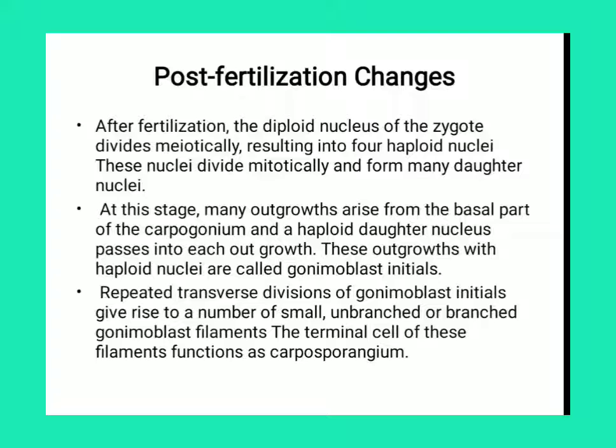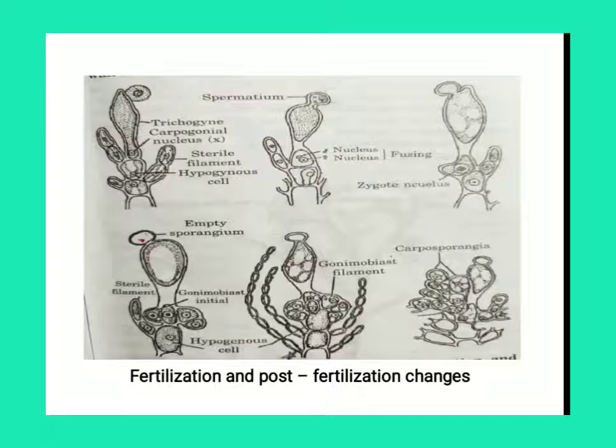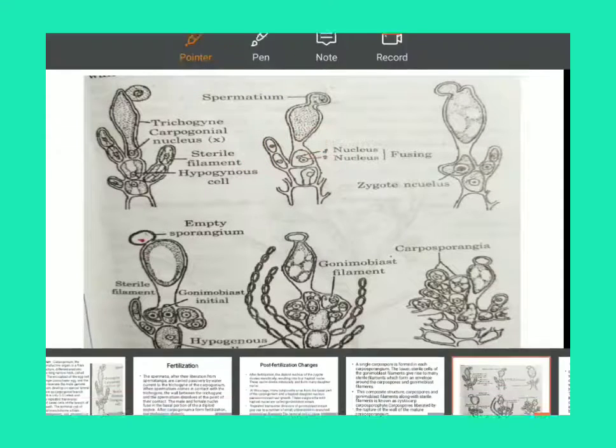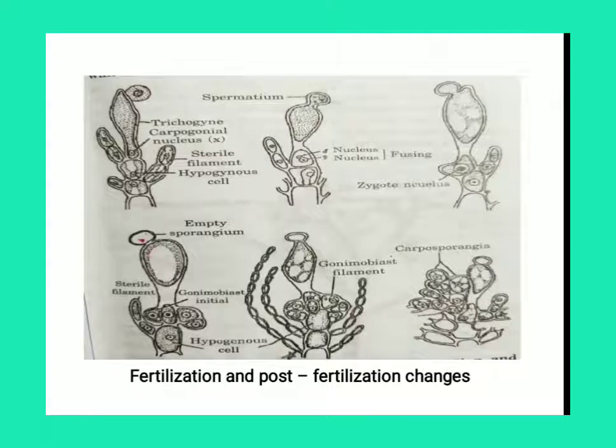The zygote nucleus first divides meiotically into 4 daughter nuclei, which are haploid, and these further divide mitotically.